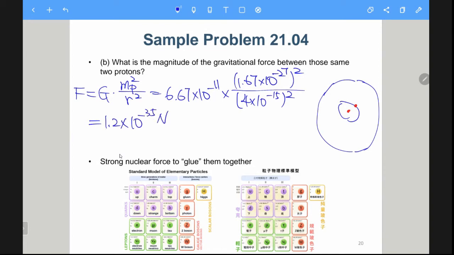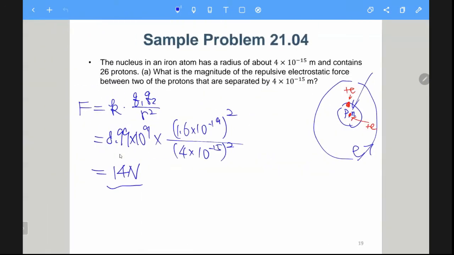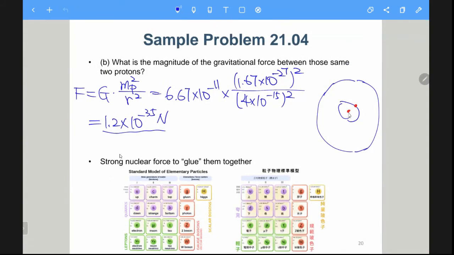So this is still another easy question. But actually, it just wants to show you that the repulsive force between these two protons is 14 Newton, and then the attracting force between these two protons is just 1.2 times 10 to the minus 35 Newton, which is much smaller.